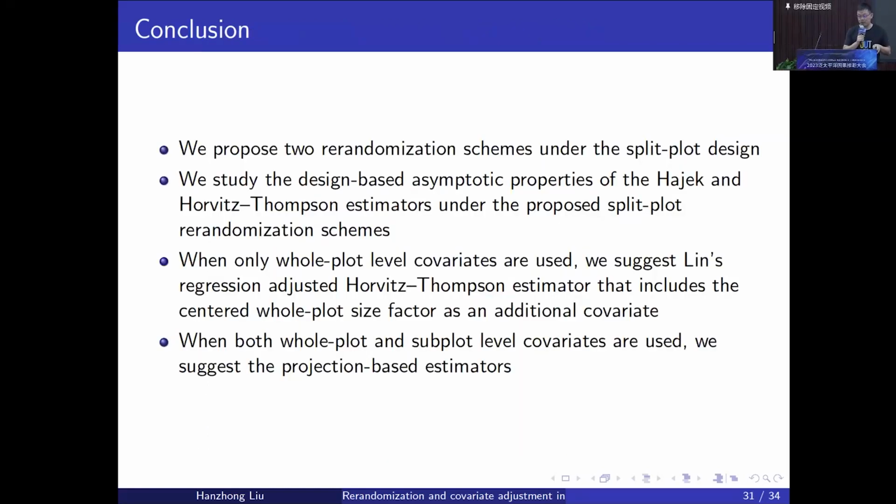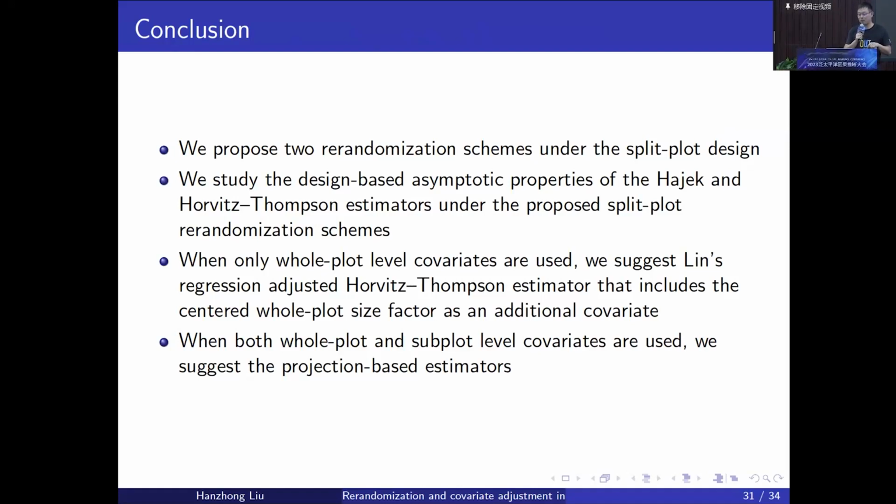So to conclude, we propose two re-randomization methods to be used under the split plot design, and we study the asymptotic properties of the Hajek and Horvitz-Thompson estimators under the proposed re-randomization schemes. We make the following recommendations.